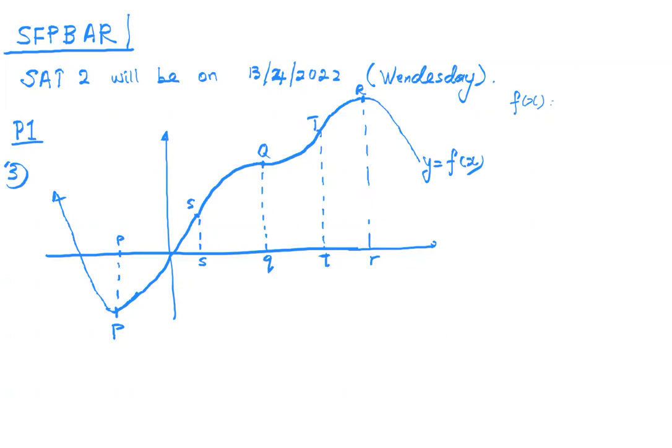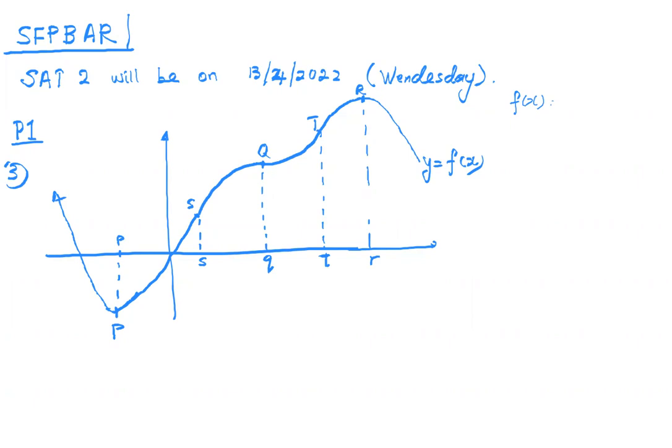The question gives you that P is the local minimum, Q is the horizontal inflection point, and R is the local maximum, correct? And the question also tells you that S is the non-horizontal inflection point, and T is the non-horizontal inflection point.